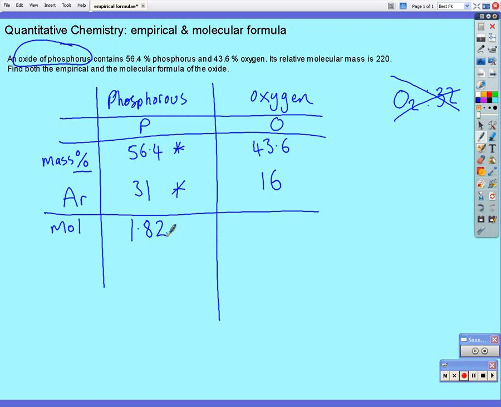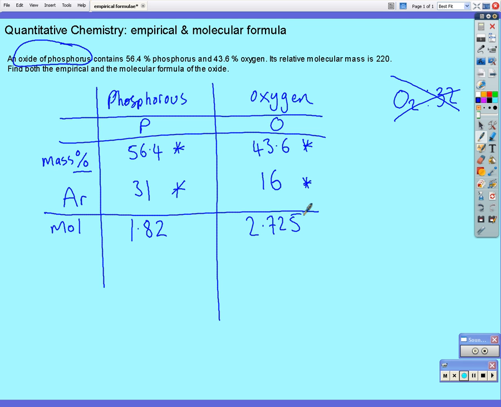And if you divide this number by this number to get the number of moles, you get about 2.725. Now at this stage we can't see a nice whole number ratio. Remember, empirical formula is the simplest whole number ratio of atoms in the compound.